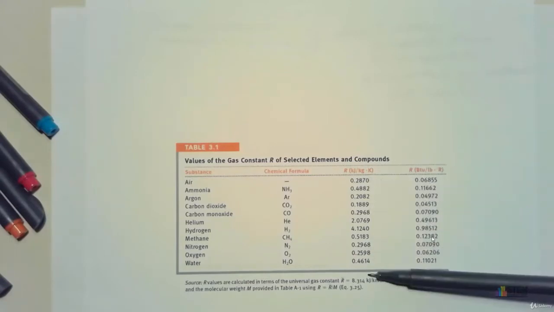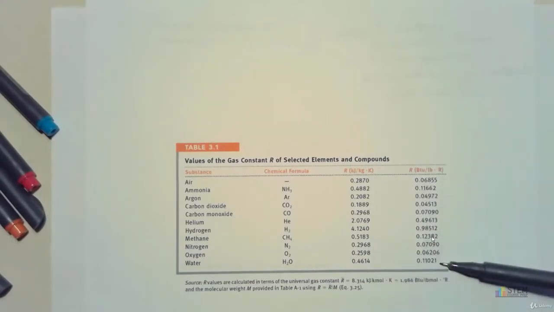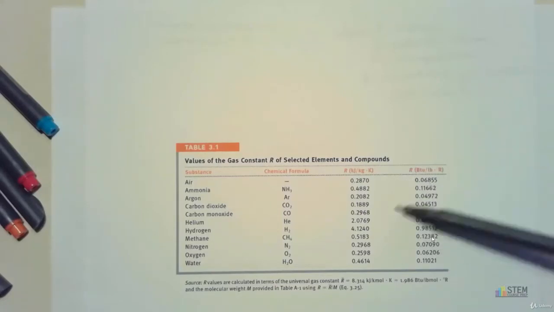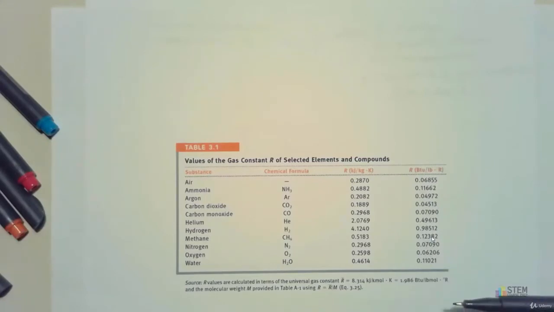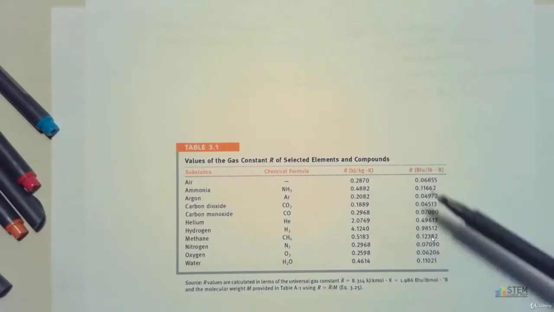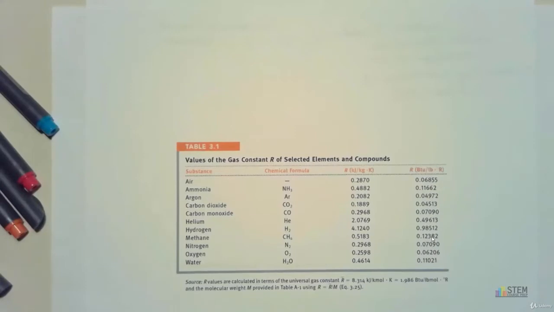Here we have the SI system, here we have the English system. These are just gas constants for each of the substances we might have to deal with, and pay attention to the units. We'll write those out in just a second. But that's what it looks like, so you can find the R values for these substances in this table.